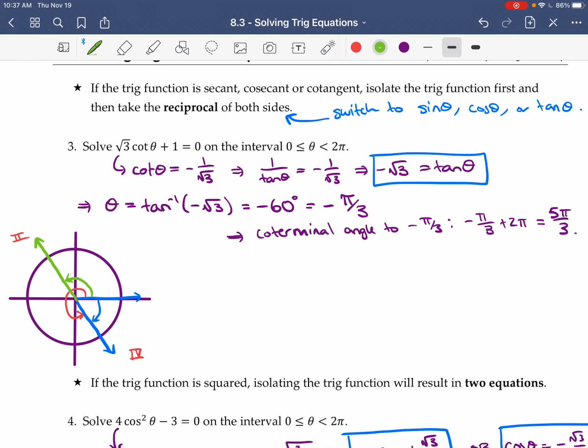So it's going to be that angle there. So the reference angle here is pi by 3. So that's going to be this reference angle there. So this is actually going to be 2 pi by 3. So we have another solution.